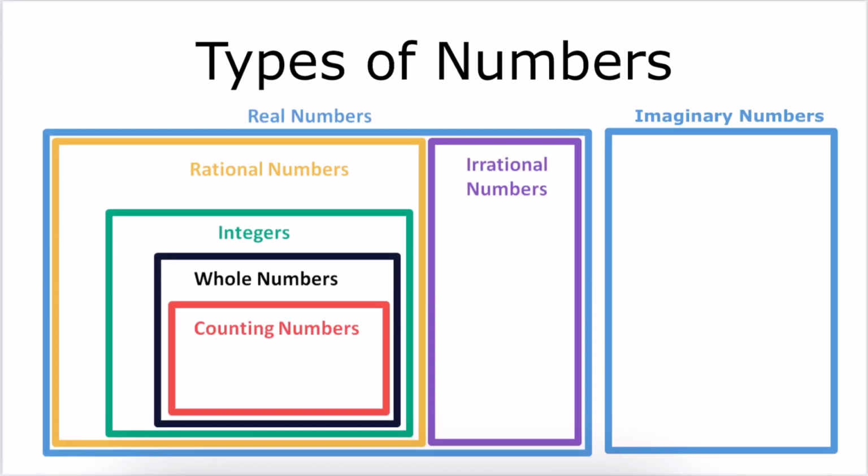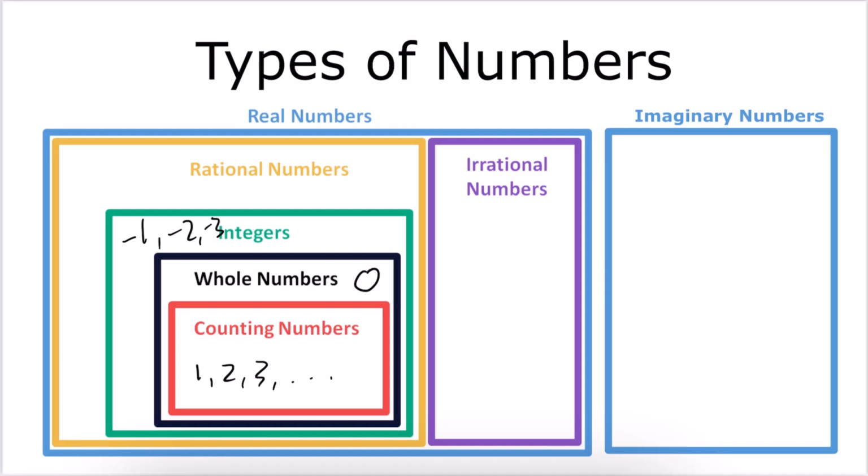And to summarize the way that they're related to each other, you have counting numbers, which are like the numbers 1, 2, 3, 4, etc. And then when you include the number 0 with all of the counting numbers, that creates the set of whole numbers. And then when you include the negatives, like -1, -2, -3, and so on, that creates the set of integers.